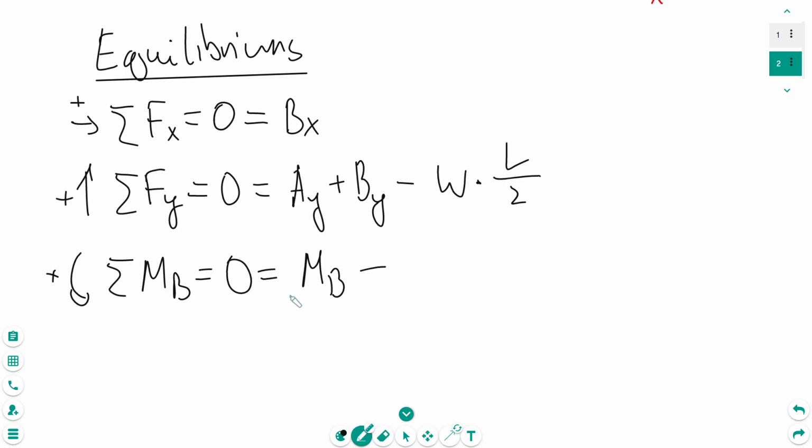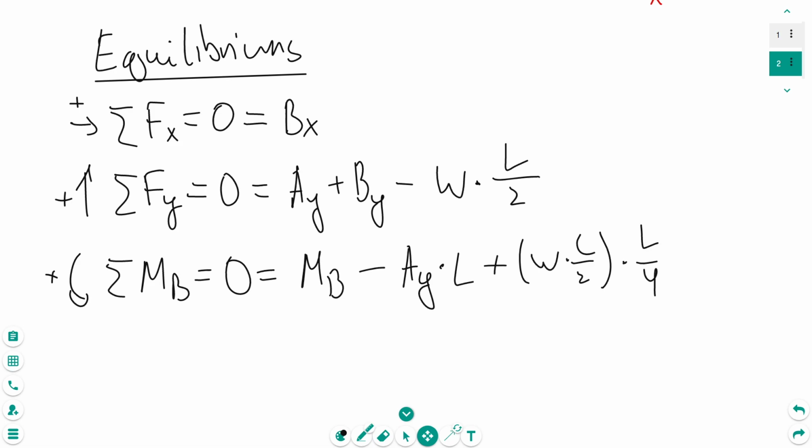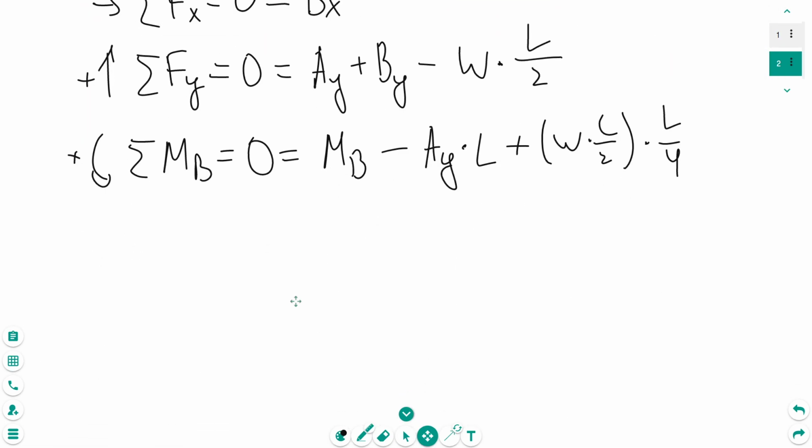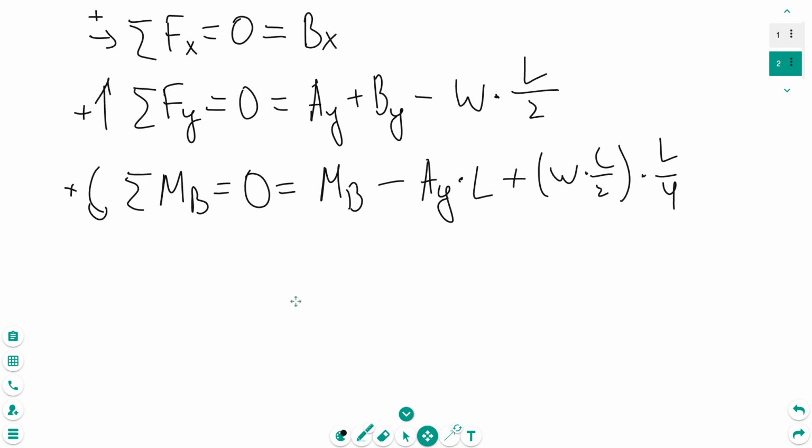So we know therefore that MB minus AY times L plus the force acting at W, which is W times L over 2, times the moment arm in which it acts, which is L over 4. Now that we have our force equilibriums, as the equation implies, we have to use the deflection equations to find out what the reaction forces are, as this is a 2-equation, 3 unknown system.